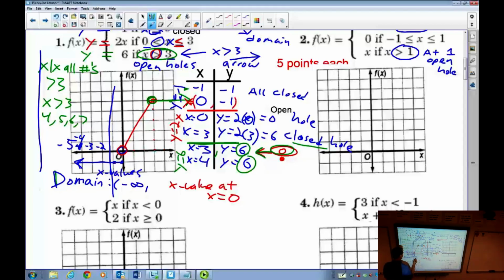So basically this closed hole kind of fills in that open hole. So at the x value of 0, we do have a -1. I know that at 0, 0 we have a hole, but for the intents and purposes of the domain, we're going to say that it fills in that hole, because we do have an x value there.